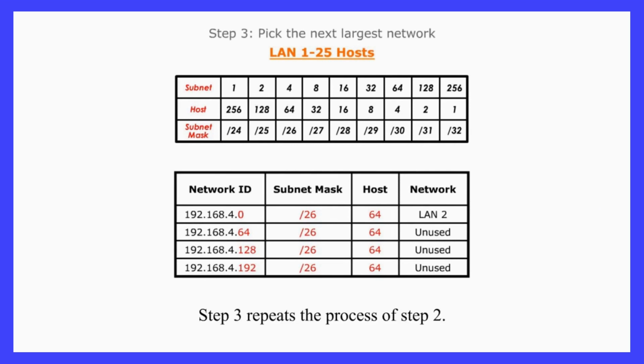Step 3 repeats the process of Step 2. First, look at the second row in the table. We are looking for the minimum number of hosts which can satisfy LAN 1 with 25 hosts. That's right. 32 is what we need. We circle 32 and the whole column because all we need is this column.